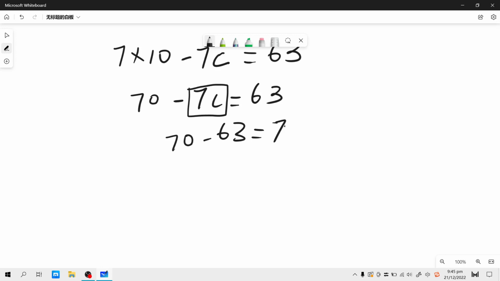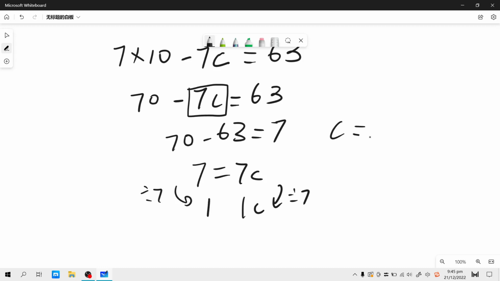This 7 over here just represents 7c. So 7 equals 7c. Now this looks simple. 1c equals, divide by 7. Divide by 7, you get 1. So c just equals 1.